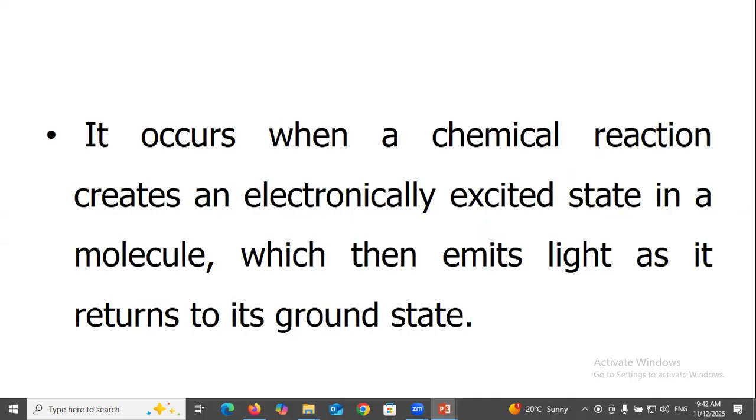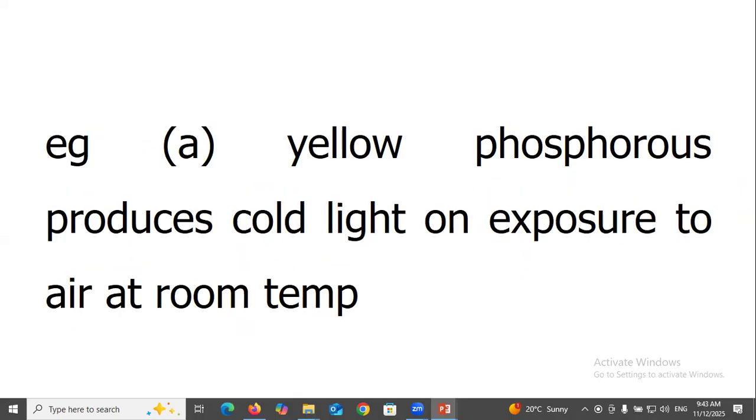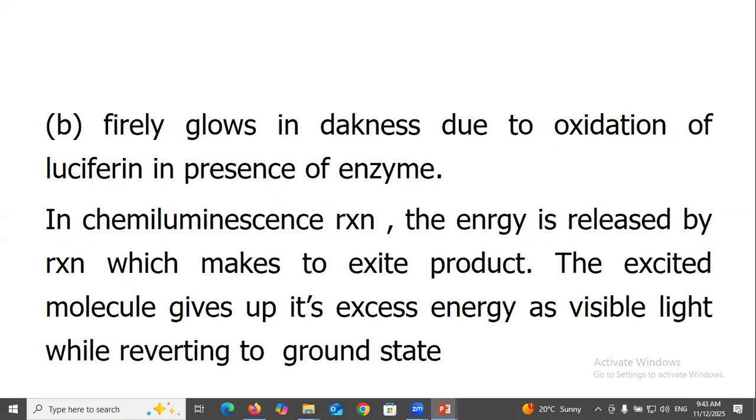It occurs when a chemical reaction creates an electronically excited state in a molecule, which then emits light as it returns to the ground state. White phosphorus produces cool light on exposure to air at room temperature.